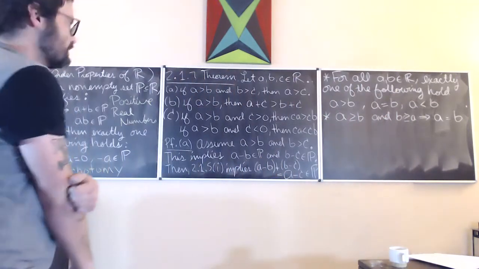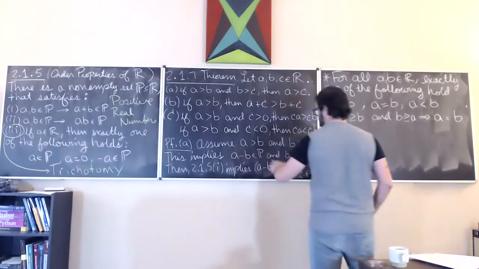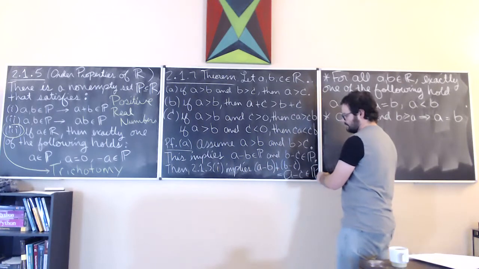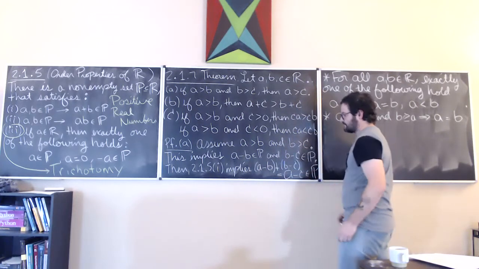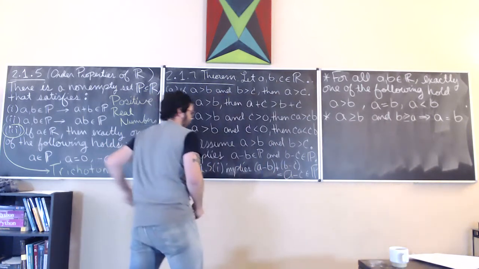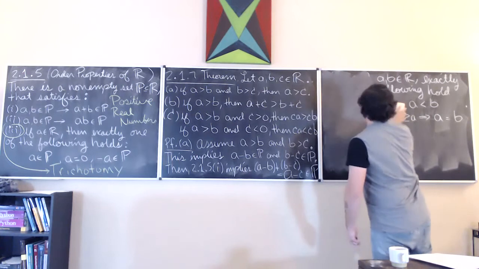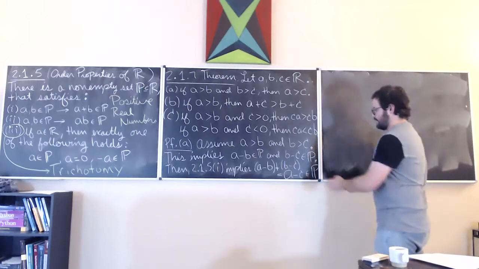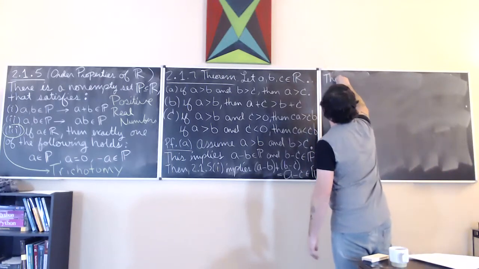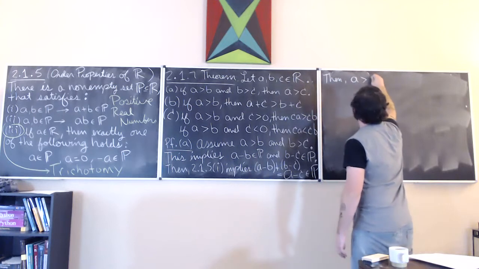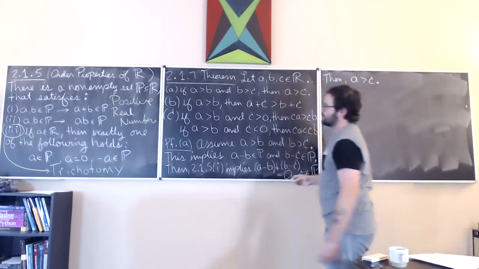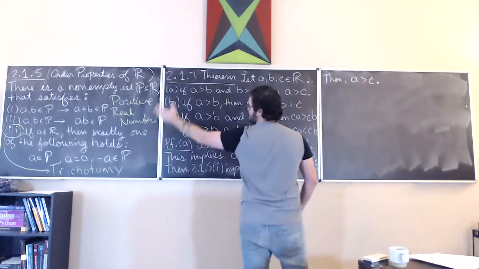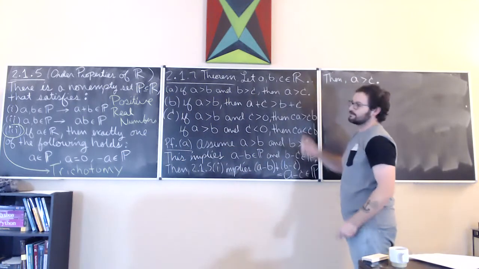Because these are positive real numbers, part I implies that the sum of them is in P, and that sum just reduces to A minus C. So A minus C is in P, then A is greater than C. That proves part A of the theorem. If we assume that and that, by just using our ordering properties of R, we concluded that A is greater than C.